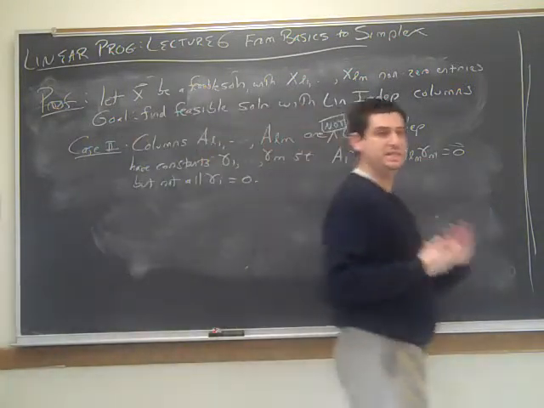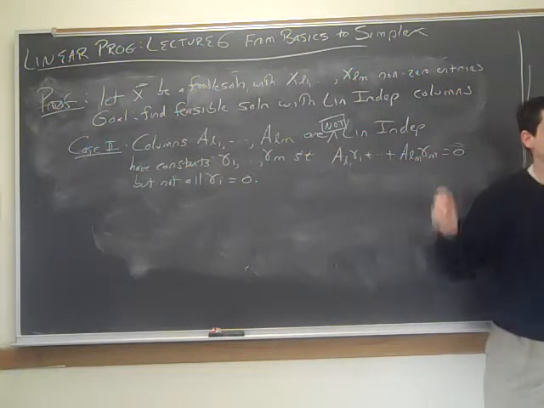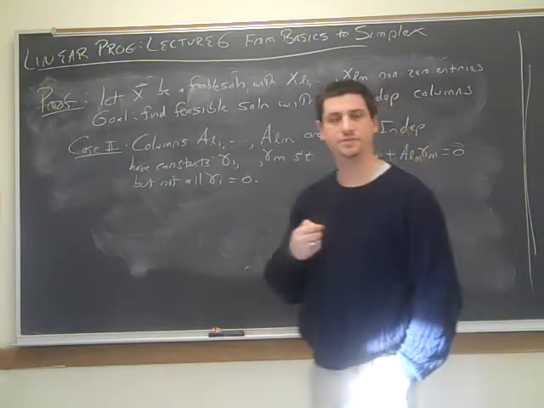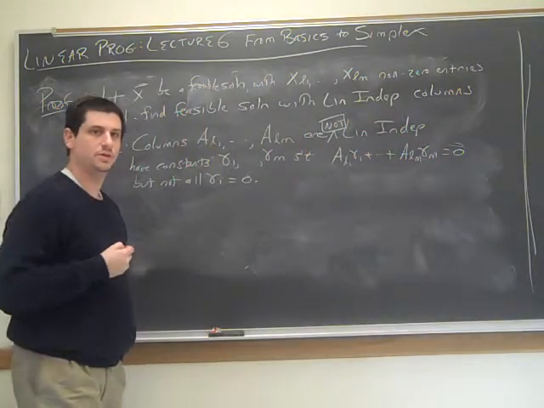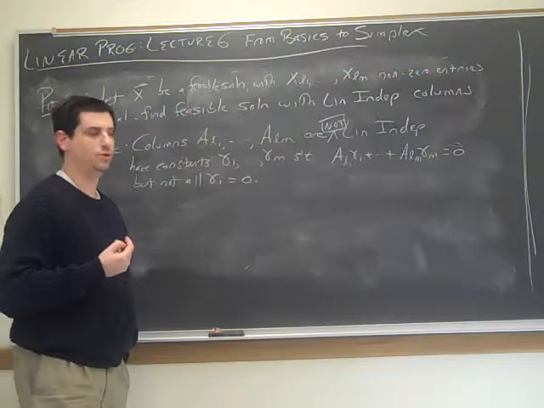That's what it means to be linearly dependent, is that I have some kind of relationship like this, and it's not the case that everything vanishes. Okay? So, one of the gammas is not 0.